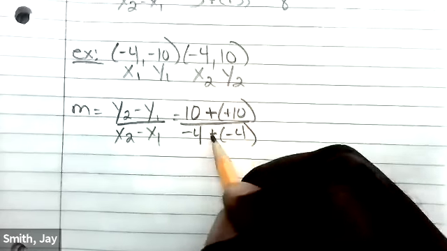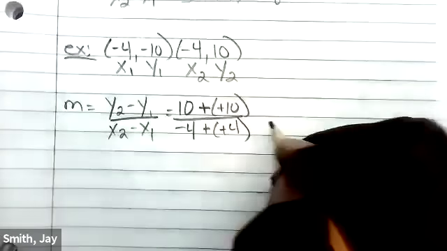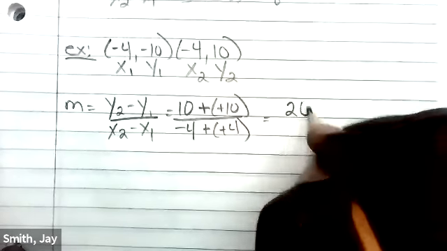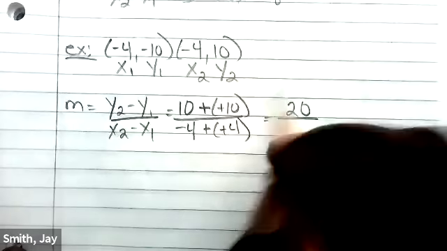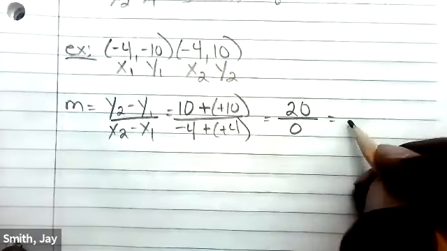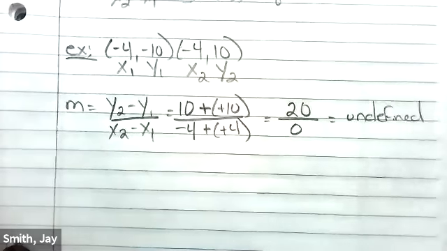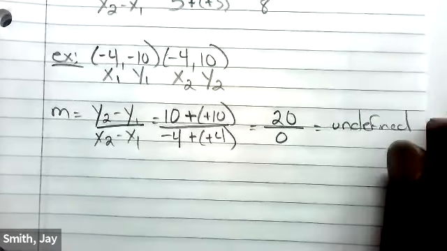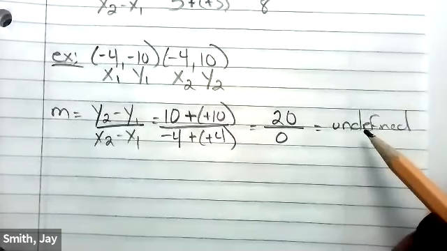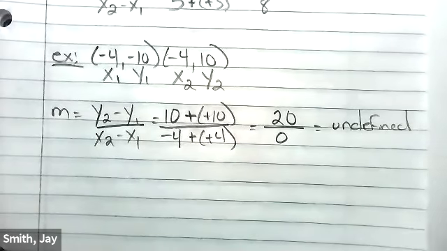Anytime we subtract a negative, basically we're adding. So it's going to be 10 plus 10, 20, over negative 4 plus 4 is 0. Remember, we cannot divide by 0, so this is actually undefined. If we have an undefined slope, that's a vertical line.